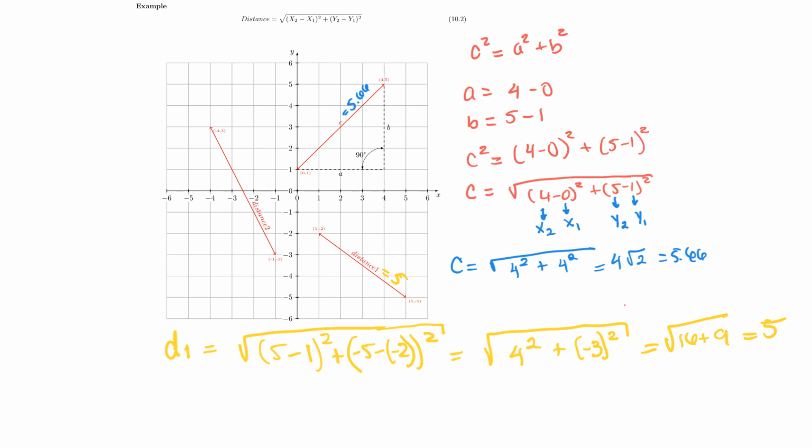So let's do distance 2. D2 is equal to the square root of, let's call this one point 1 and this one point 2.